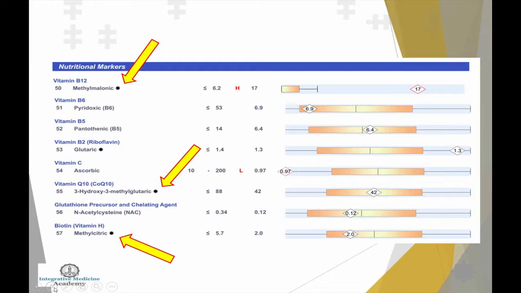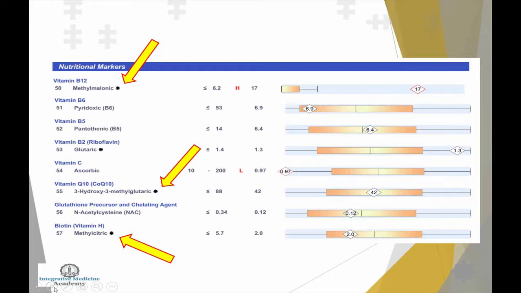When you have an elevation of marker 50, methylmalonic, it's indicating there's a need for additional vitamin B12. Okay, just pretty straightforward. An elevation of glutaric, I don't have an arrow there because it's actually fairly common to see that elevated, indicating a riboflavin or vitamin B2 need.